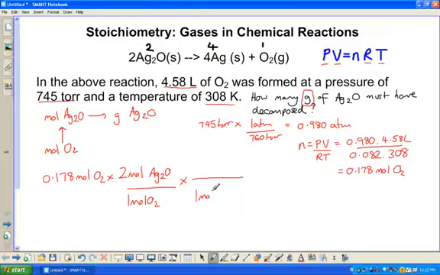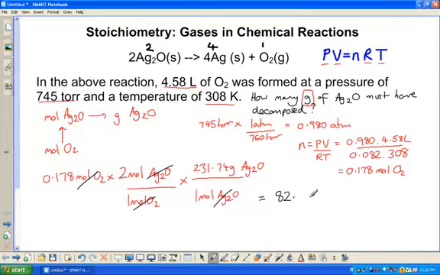So we have our 1 mole of silver oxide here to cancel out with our moles of silver oxide up here, and that's 231.74 grams of silver oxide in 1 mole. Moles of O2 and moles of silver oxide cancel out, and we get our answer here.